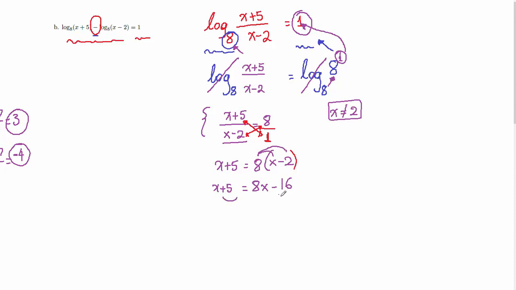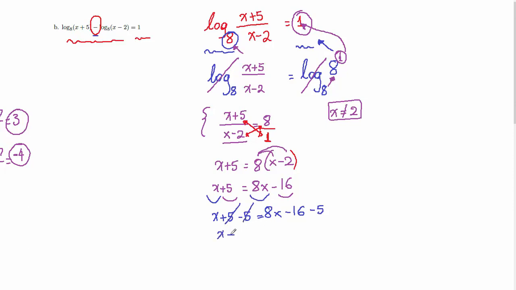At the next step, I will separate the constants from the variables. My variable is x and 8x. My constant is 5 and negative 16. In order to do that, I will subtract 5 from both sides of the equation. This way I simplify the 5's.